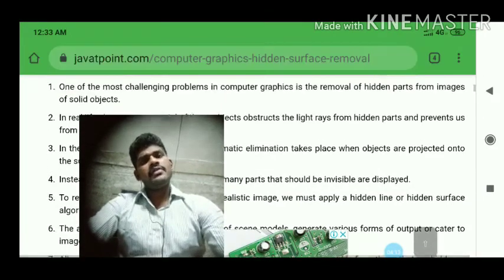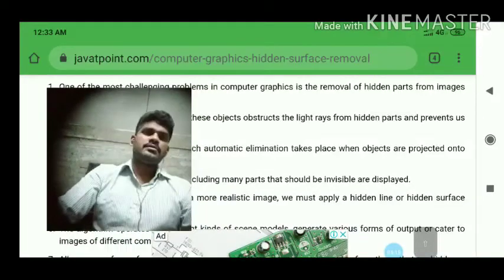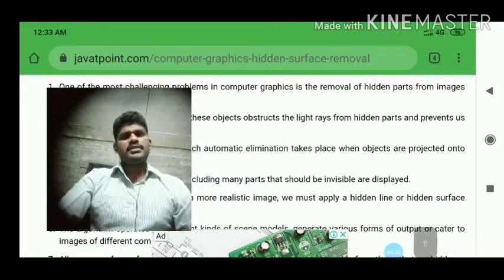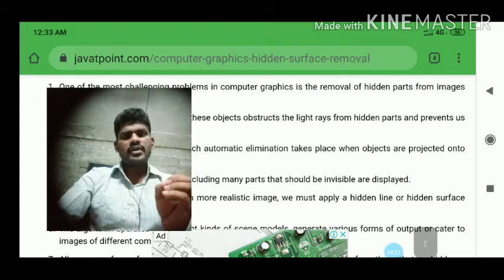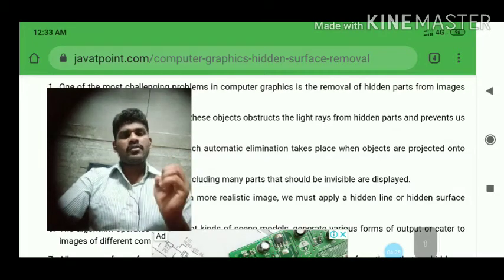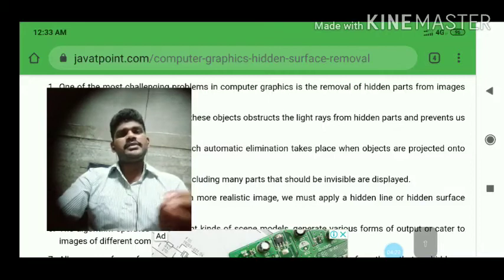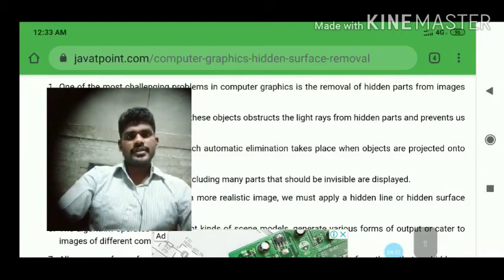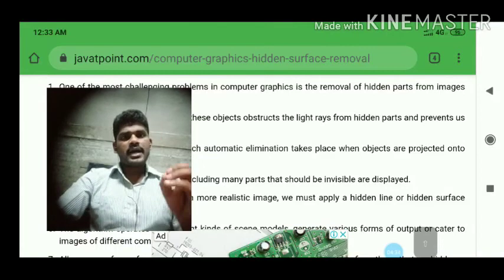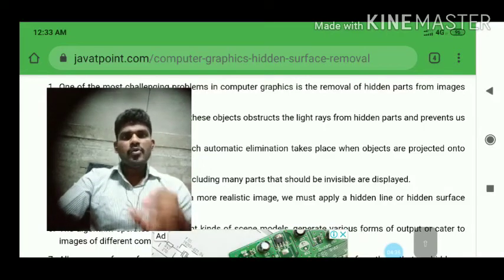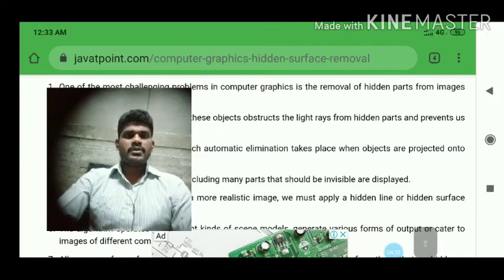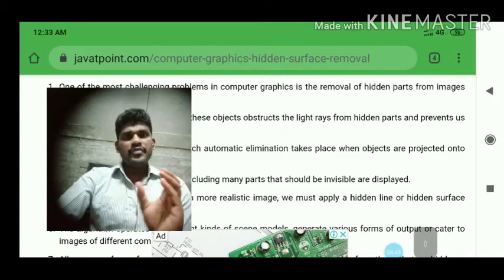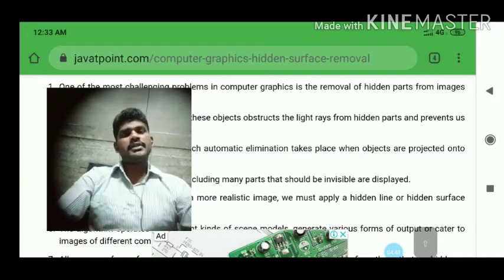I'm not going to explain this concept in a complicated way. Whatever you want to understand here, understand one thing: hidden surface removal or visual surface detection, both are the same. This concept removes the hidden parts of the object and draws the visible surface of the object on a screen.